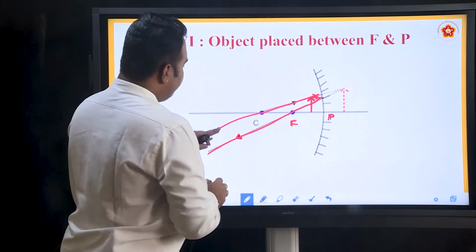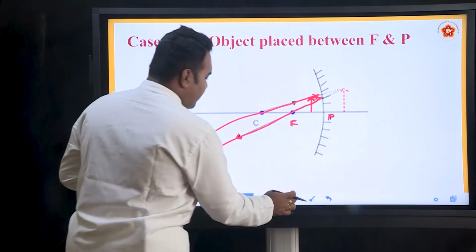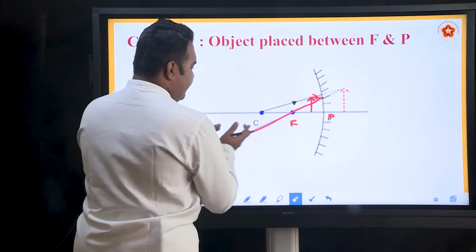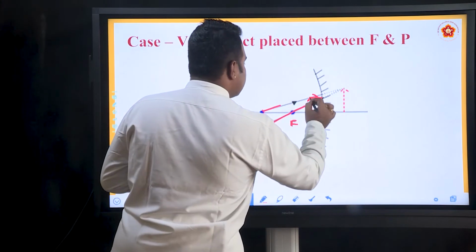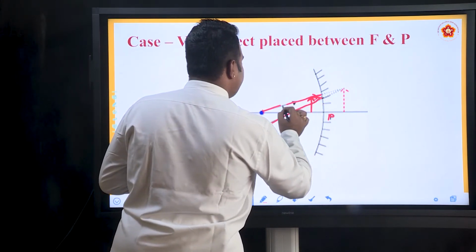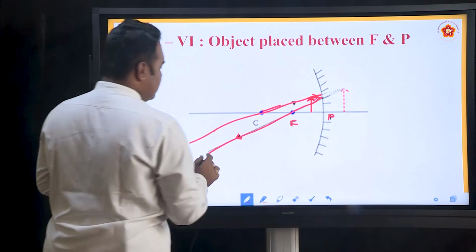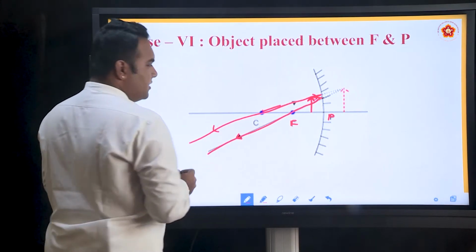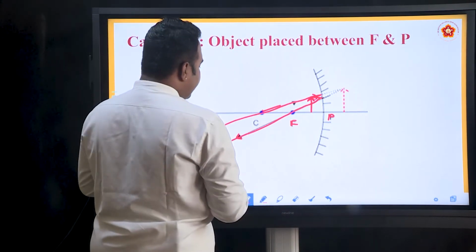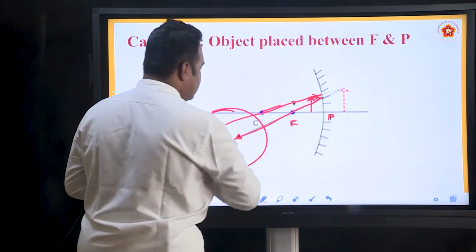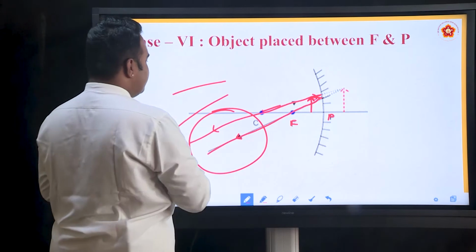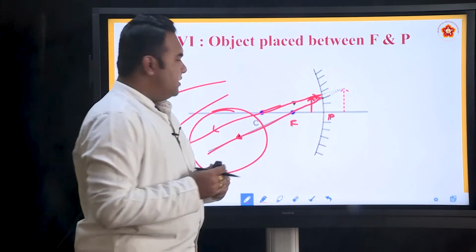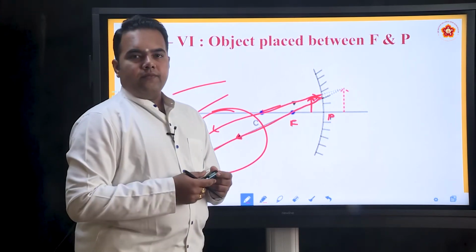Now, if you observe carefully, these two rays will be diverging this side, they are diverging and going. So, a ray of light which is passing through and then reflecting from the center of curvature goes like this. Use scale so that you get a straight line. Now, if you carefully observe these two rays, they are diverging, which means on this side of the mirror, these two rays will never meet.